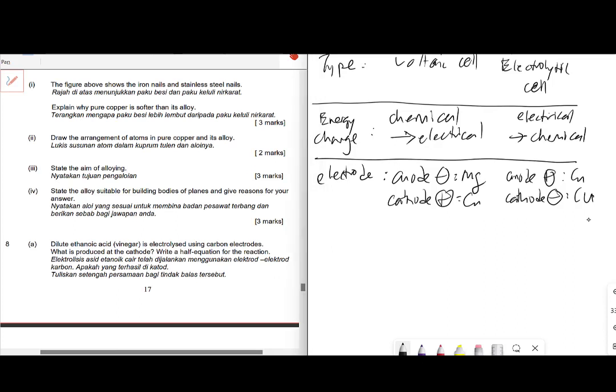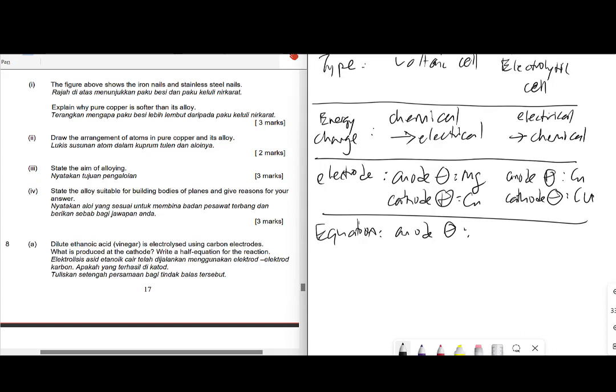Next we can try to figure out what happened inside your electrolytes by writing all the equations. So let me put the equations there. Start from cell A. Let's see what happens at the anode. Since magnesium is more electropositive, it will undergo oxidation.